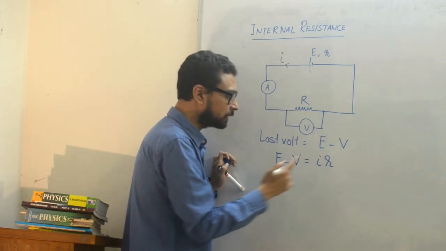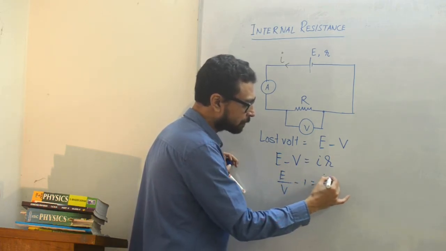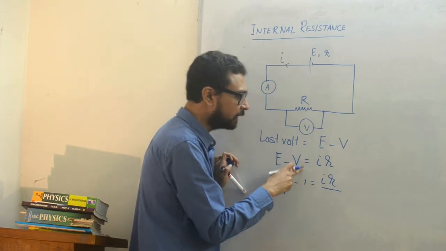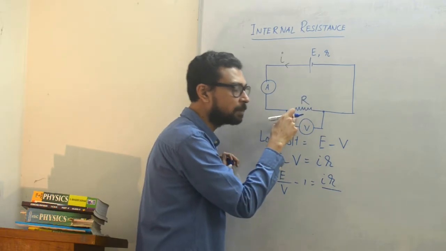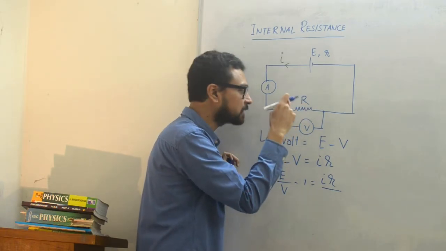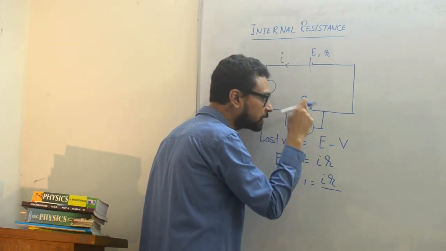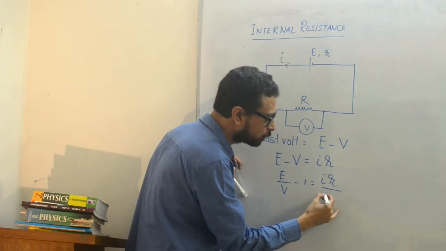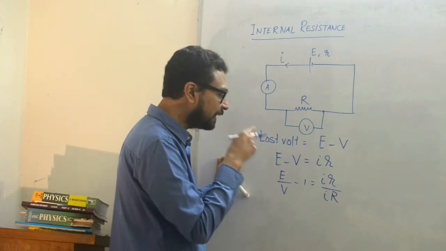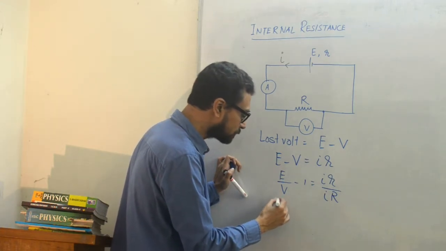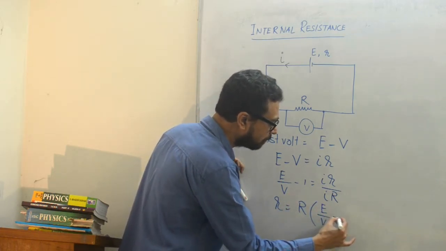Now what we can do is very simple: we can divide the whole thing by capital V, and you know that capital V is equal to I into capital R, because this is the potential drop across this resistance. It is connected in parallel across this resistance. So the potential that we are obtaining in the circuit is V, and that is equal to small i into capital R. From here we can easily calculate the value of small r, which is capital R into (E by V minus 1).